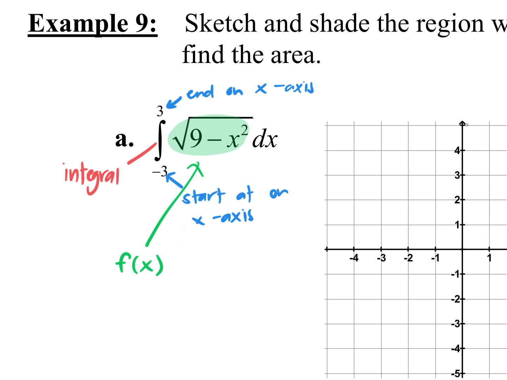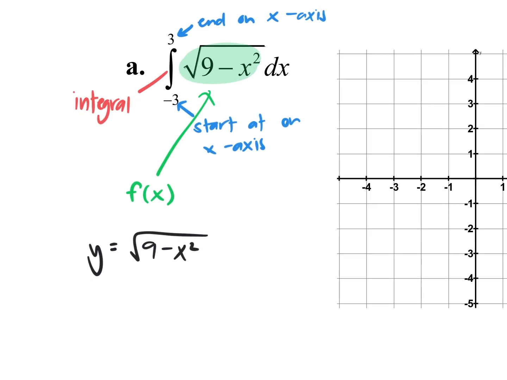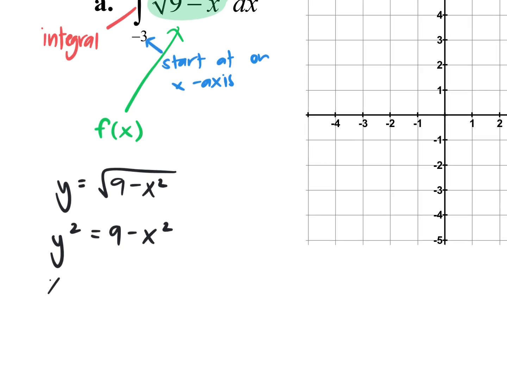Let's think about this. If I set this equal to y, I'm going to show you here. Y equals the square root of 9 minus x squared. If I were to manipulate this equation a little bit, I think you're going to see quicker what this actually looks like. See how I just squared it and then got the x's and y's on one side?